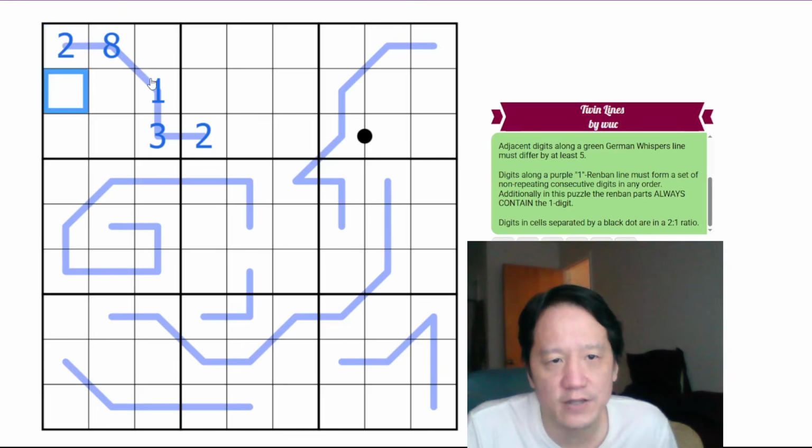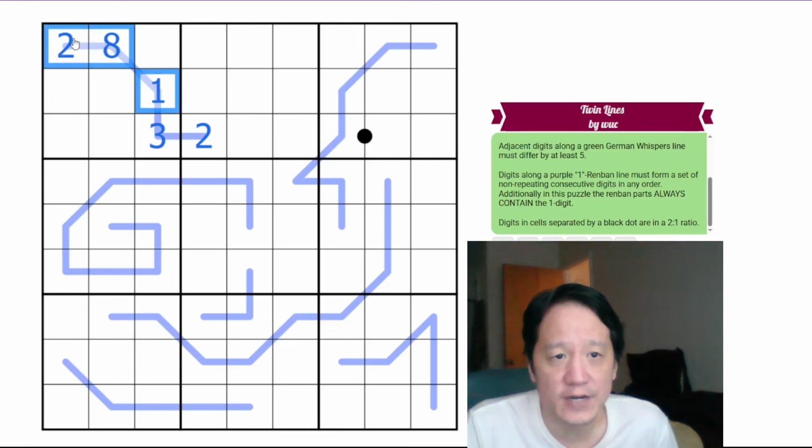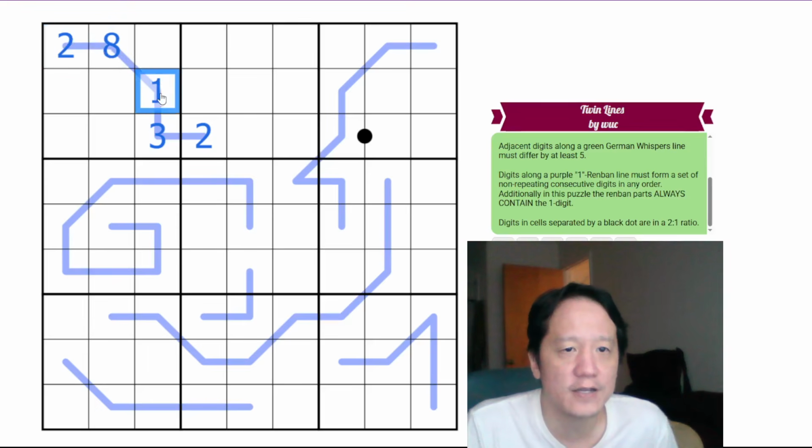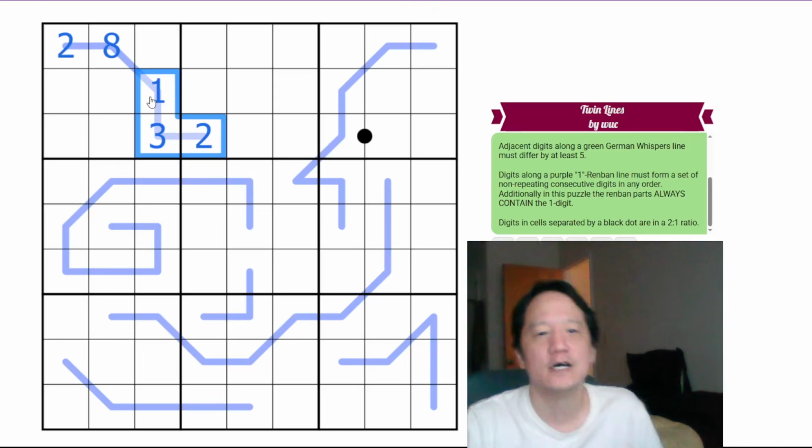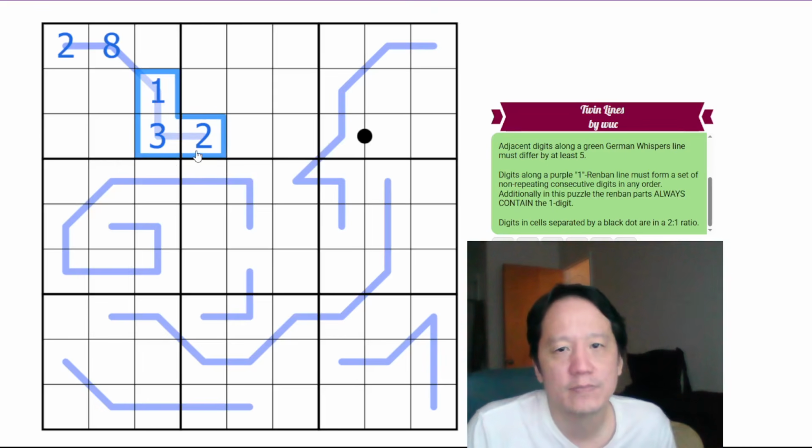And this would be valid because we have a whisper 5 line for this half of the line, and a renban line containing the 1 digit on this line. And they must form a set of non-repeating consecutive digits, containing the 1 in this puzzle.